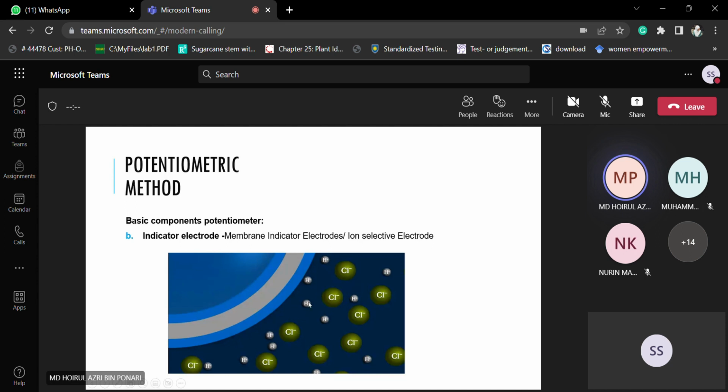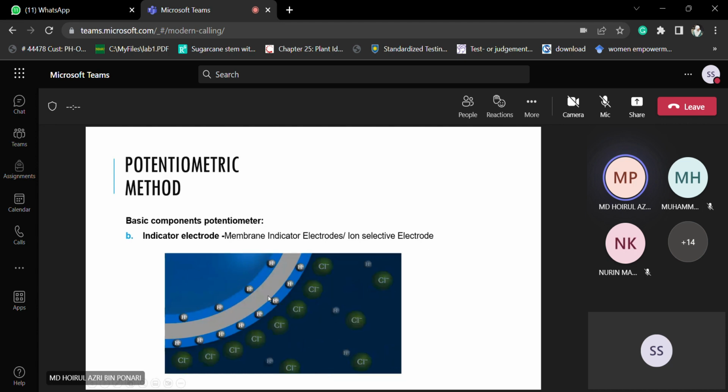In these solutions, it contains chloride ions and also hydrogen ions. Hydrogen ion is smaller than chloride ions. So this ion selective membrane will allow the hydrogen ion to pass through the membrane.